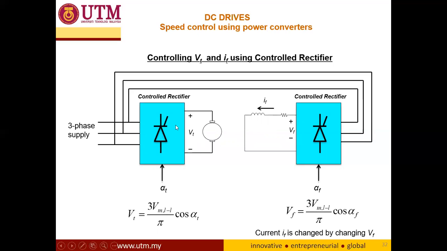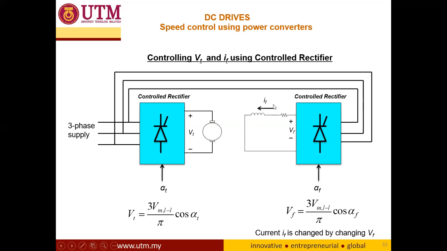The DC output, if you are using a three-phase rectifier, you can use this equation. As can be seen here, we have two circuits, and these two circuits need a power supply. You can share the power supply, or you can have separate power supplies.